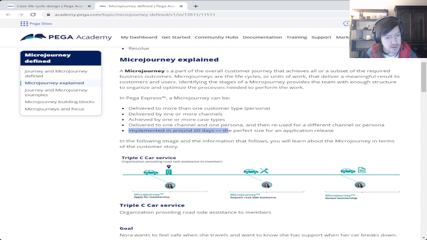Once again, they're going very specific on days. This depends on the application. This depends on your overall, what are you trying to accomplish here? Because you might have a very large project that might definitely be more than 60 days, that's for sure.